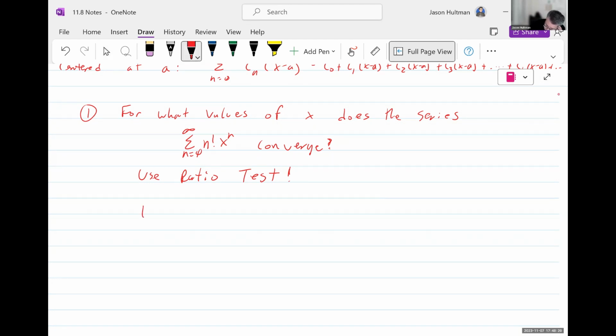So we're going to take the limit as n goes to infinity of (n plus 1) factorial x to the n plus 1, all over n factorial x to the nth. And when does this converge? It converges when this is less than 1. So I'm going to plug in the condition for convergence, is less than 1, because I'm actually going to end up having to solve for x.